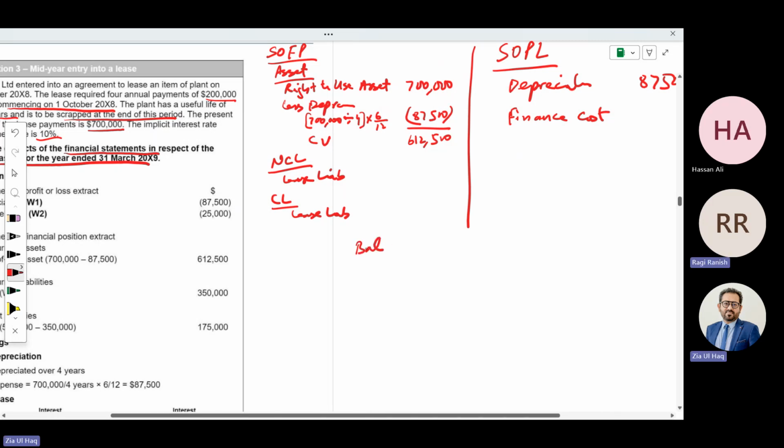Opening balance. Payment first. Then we need to make our total here. Out of this, we will add interest. And then we will calculate the remaining.